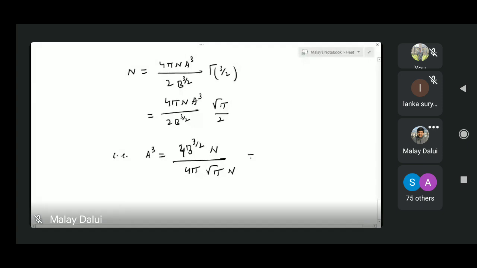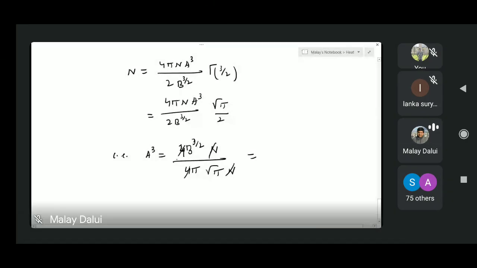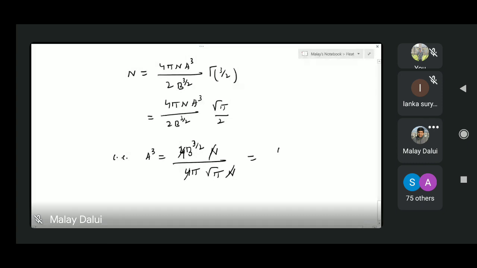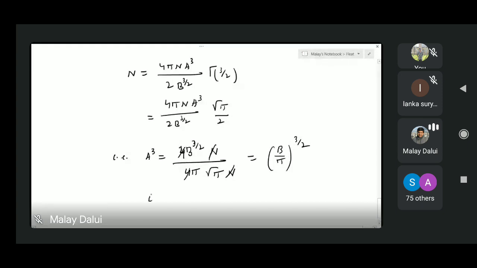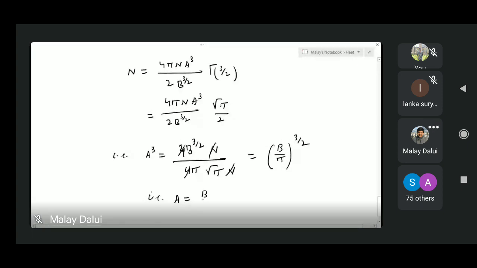So n goes out, 4 goes out, 2 pi to the power 3 halves, so b over pi to the power 3 halves. That is, a equals b by pi. I'm taking only this root.